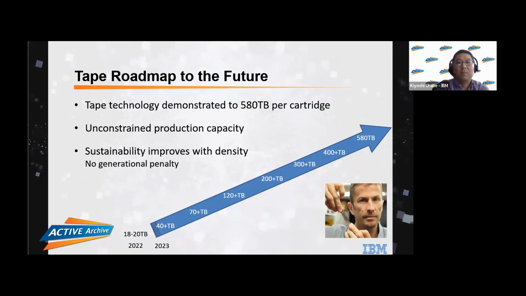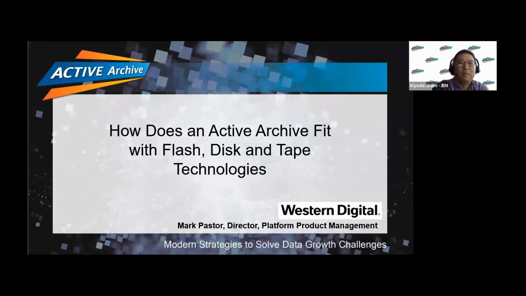This makes tape supply resistant to economic shifts that impact the supply chain. And also around sustainability, again, tape has no generational penalty, as lifecycle CO2e contribution only improves with each generation of higher capacity points. And furthermore, the development team, back one slide, sorry, Ken.